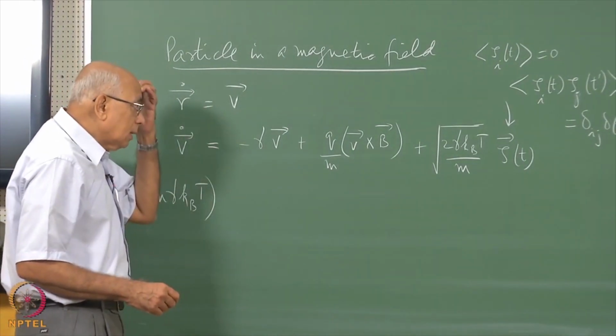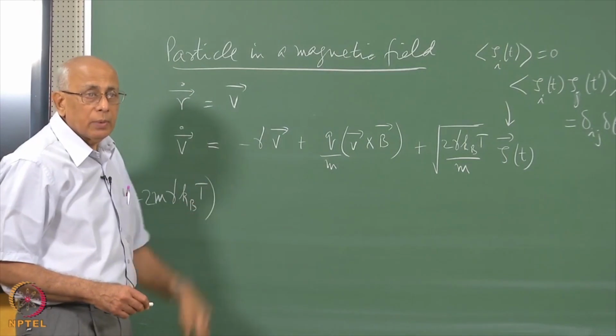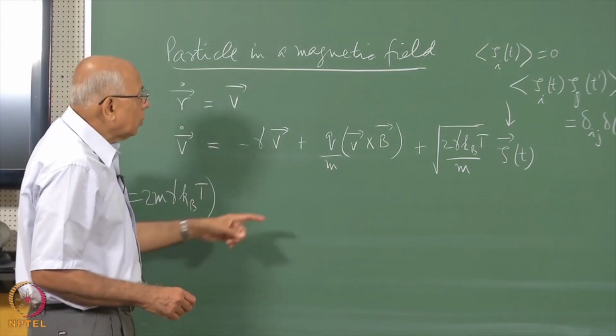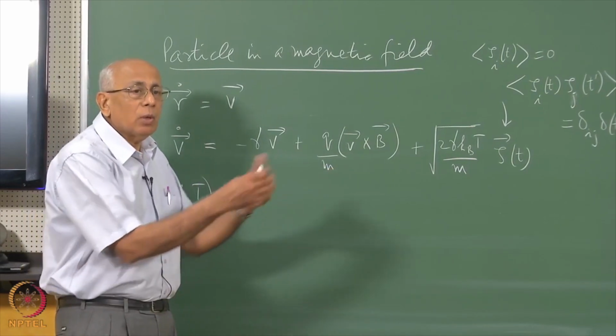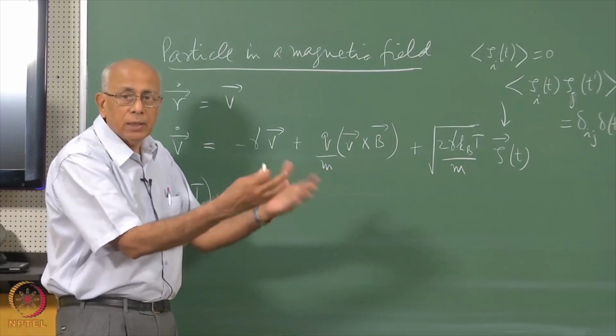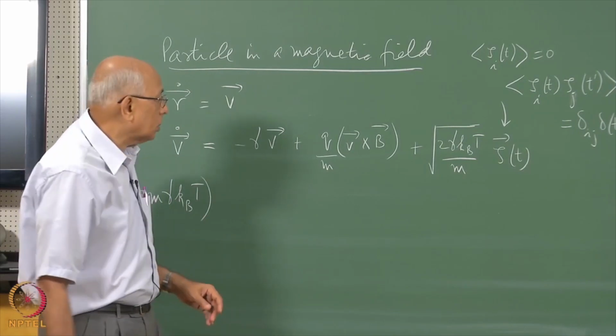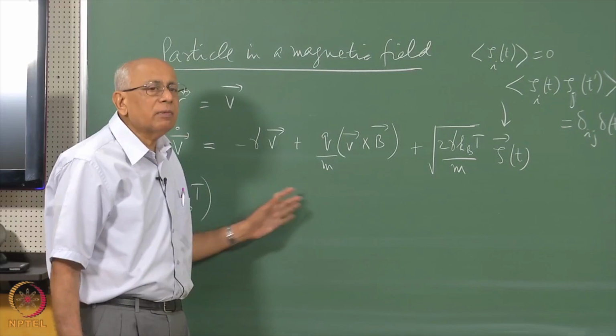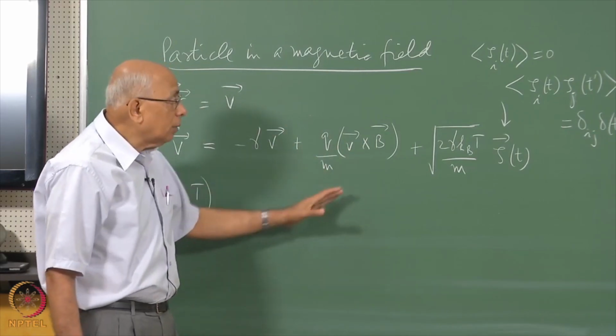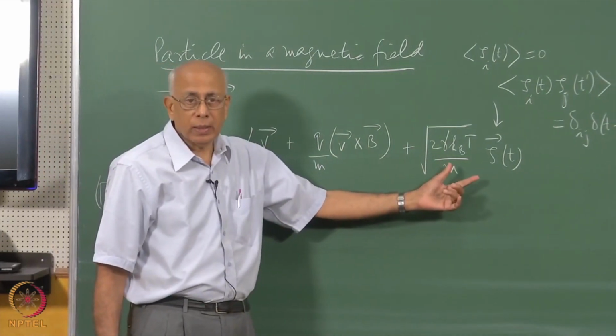Now, that immediately tells us what the Fokker-Planck equation should be. The fact that you have a velocity dependent force here means that you can't write it like a Smoluchowski equation, with the potential and derivative of the potential and so on. But of course we can still take this into account because I call this part of the drift. This whole thing is deterministic, the noise is here, nowhere else.